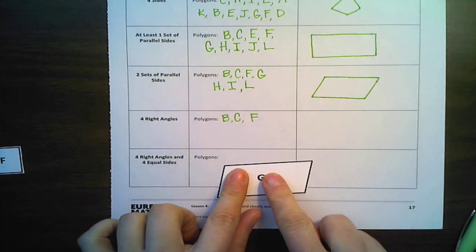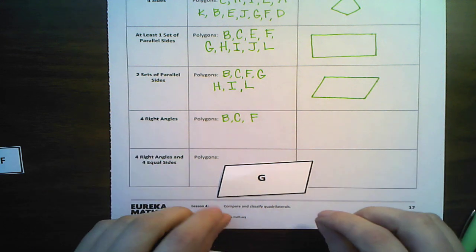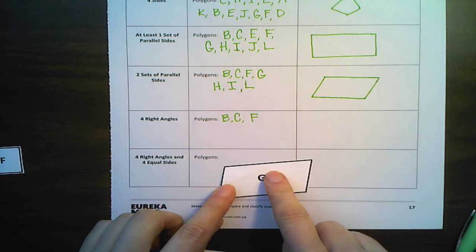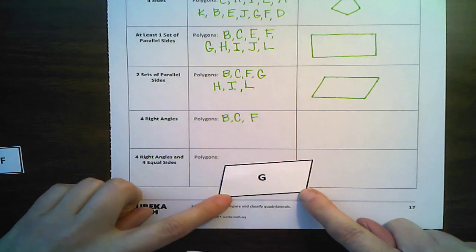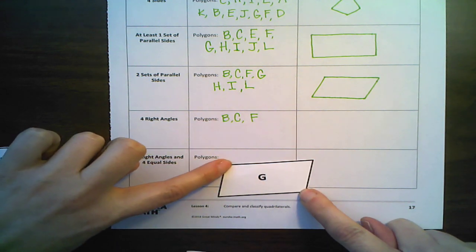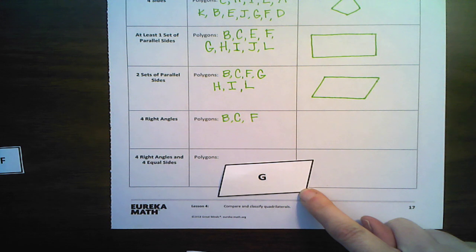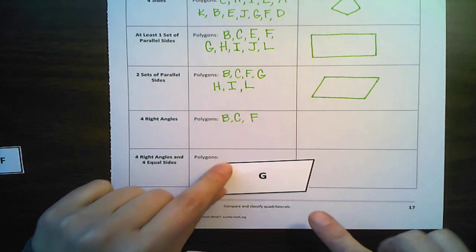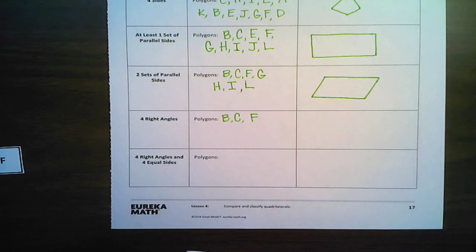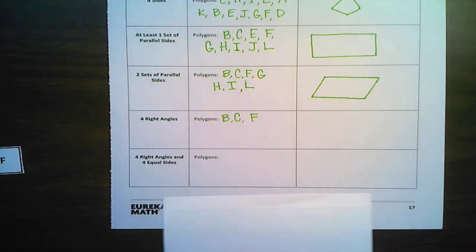Each quadrilateral, I should say, if it has four sides, it's going to have four angles. So this is an angle, this is an angle, this is an angle, and this is an angle. Four sides, four angles. If one of them isn't a right angle, then it's already out of our classification.